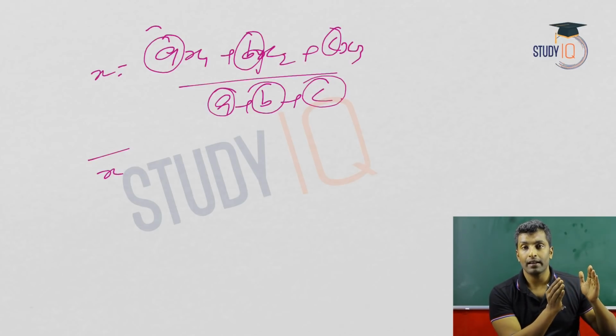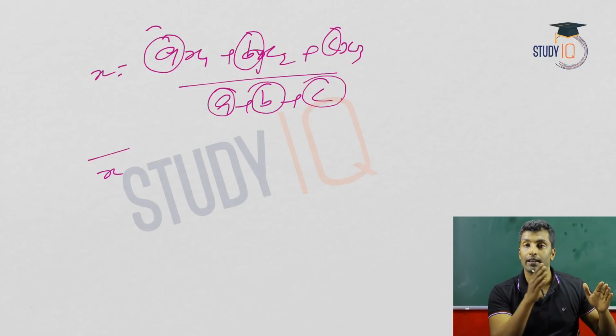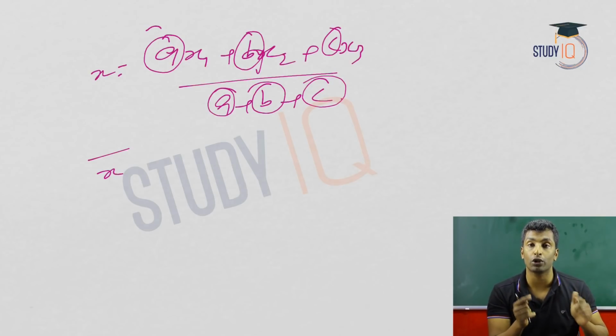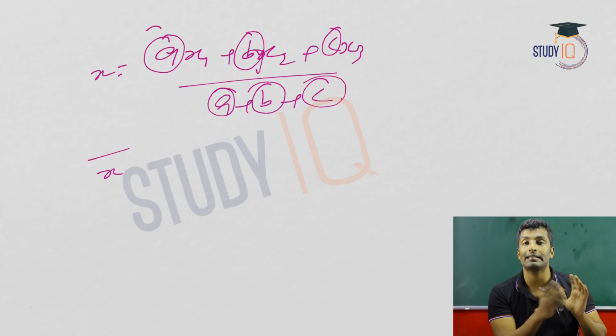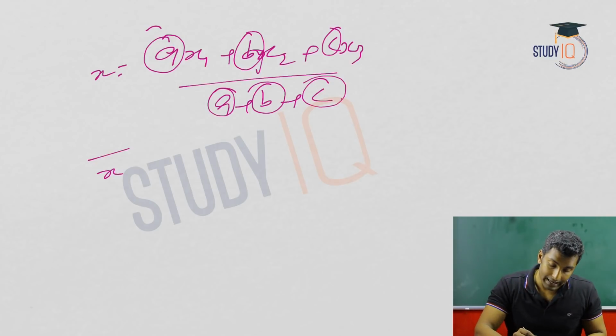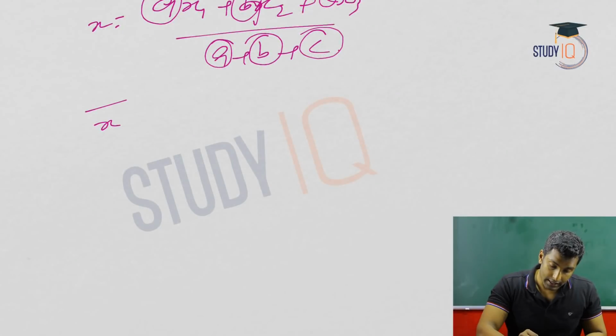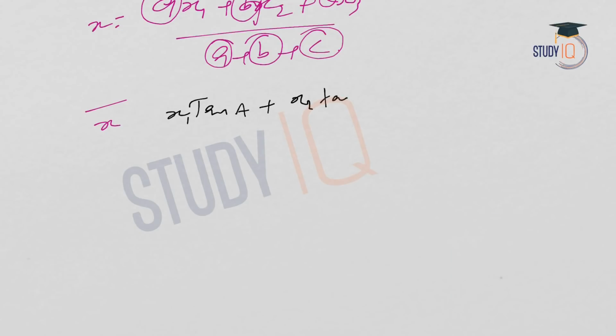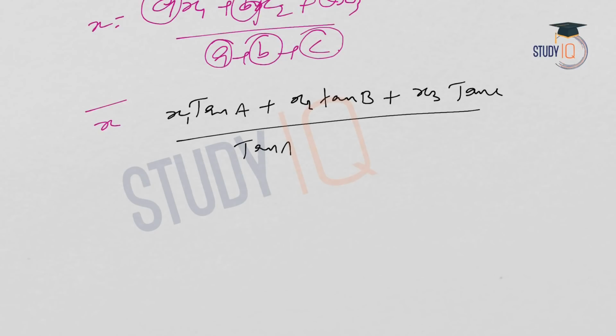You understood Incenter, so from that we also understood how to get all the three Excenters. From that itself we also understood how you're going to get the Orthocenter. Just replace A, B, C with tan A, tan B, tan C, that's it. So your X coordinate is (x1 tan A plus x2 tan B plus x3 tan C) divided by (tan A plus tan B plus tan C).